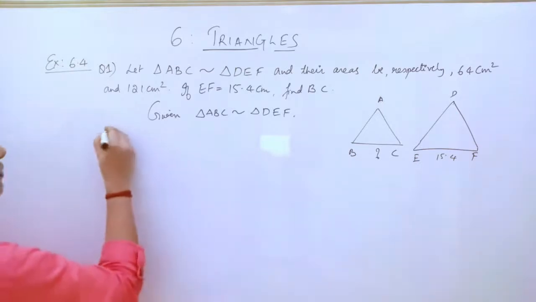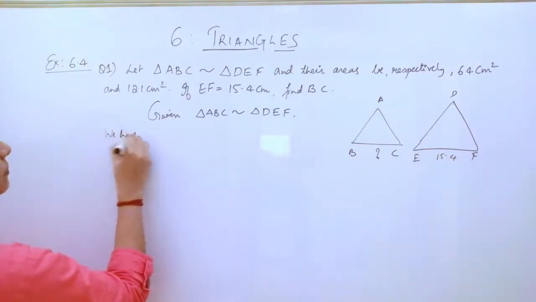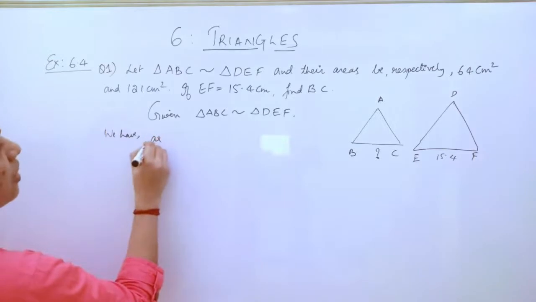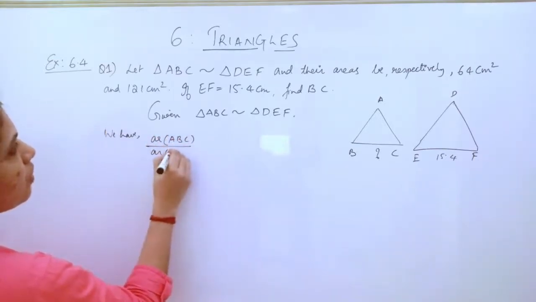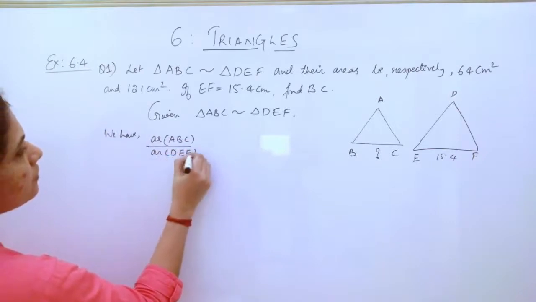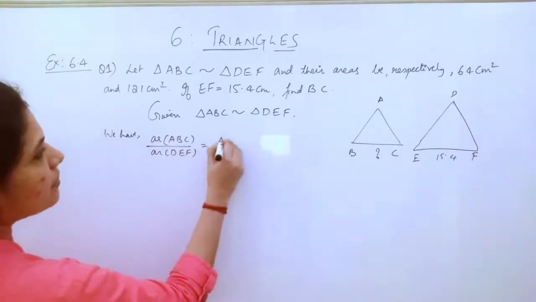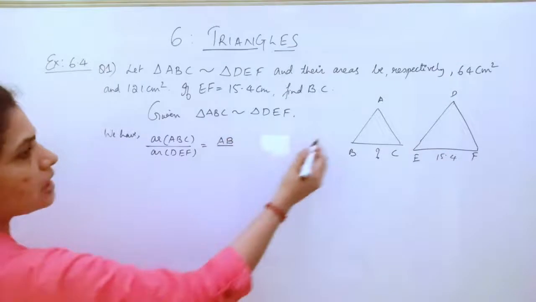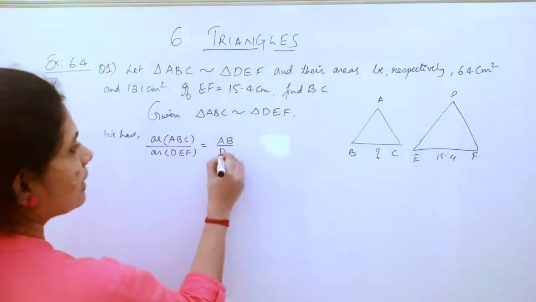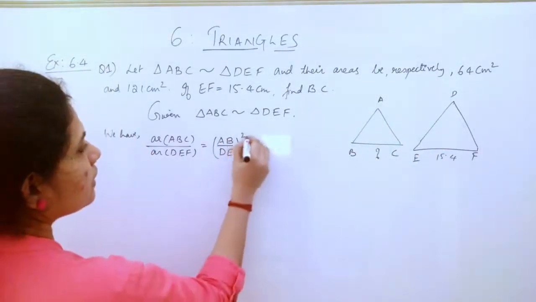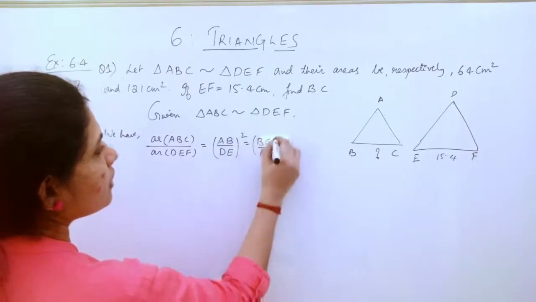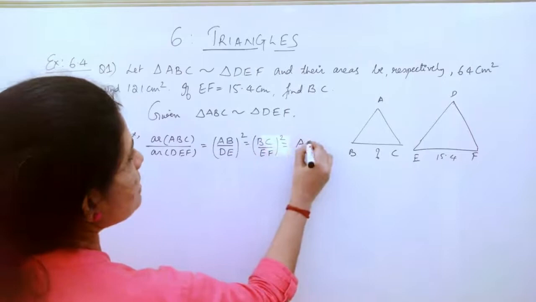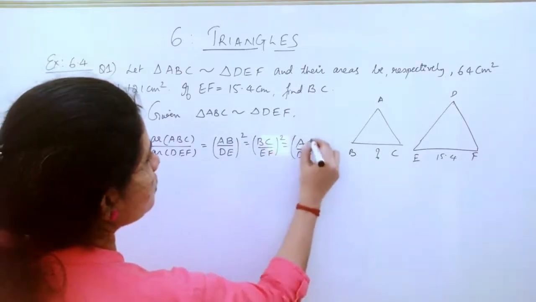So by that theorem we have area of ABC by area of DEF is equal to AB by DE the whole square, equal to BC by EF the whole square, equal to AC by DF the whole square.